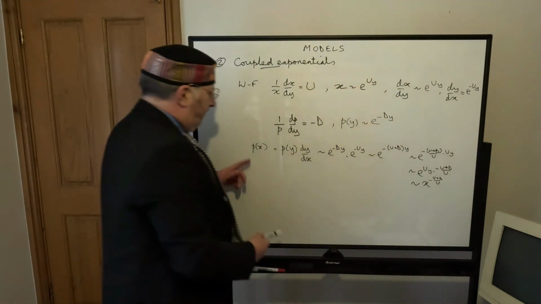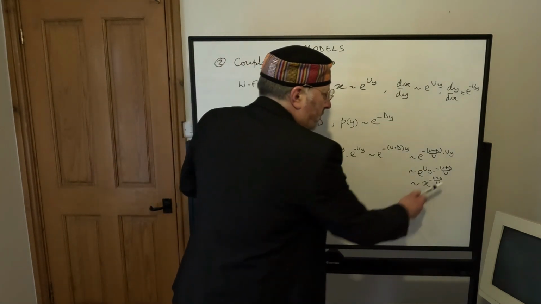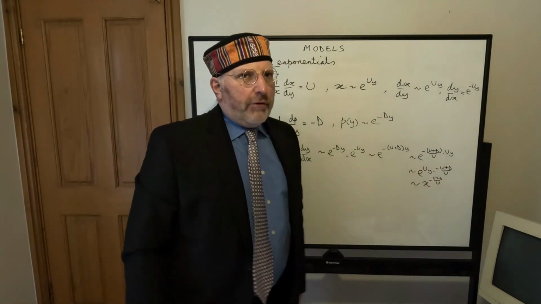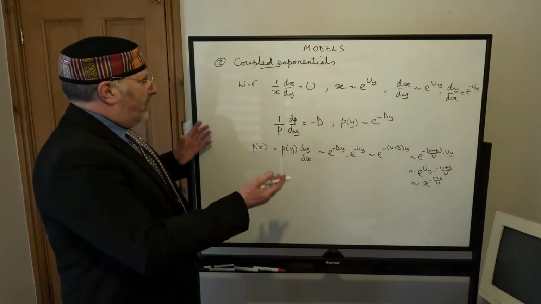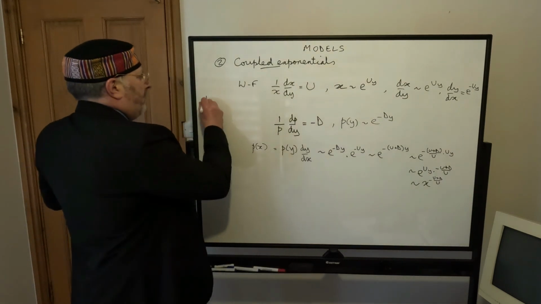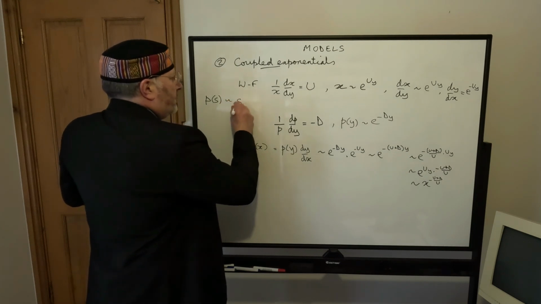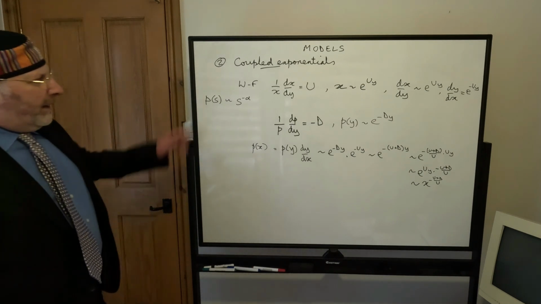And this is a power law then. The probability of x is proportional to x to a constant. u and d are both constants. So we have a power law in x, because remember, the power laws we've been looking at, P of s is proportional to s to the minus alpha. That's our basic power law equation.